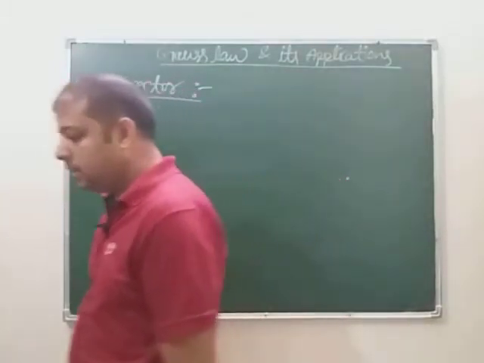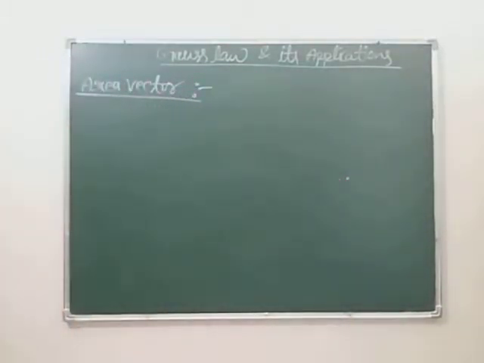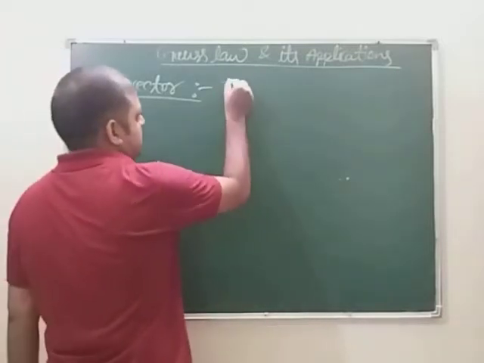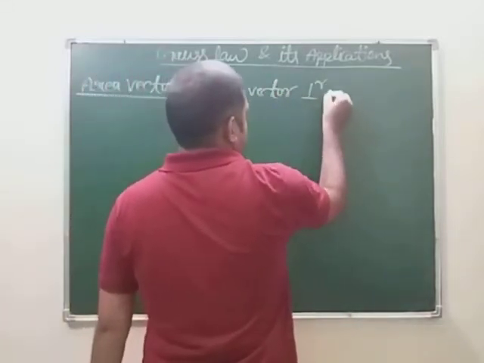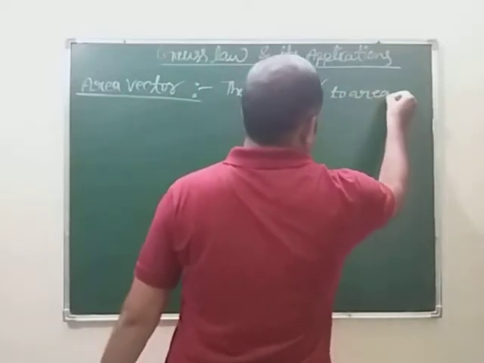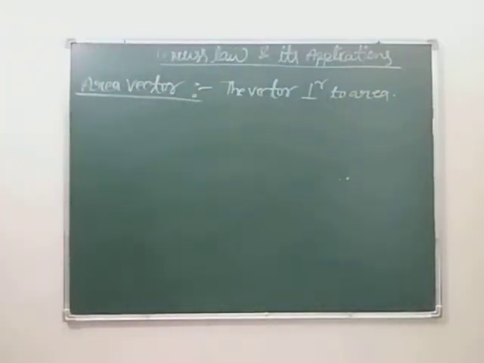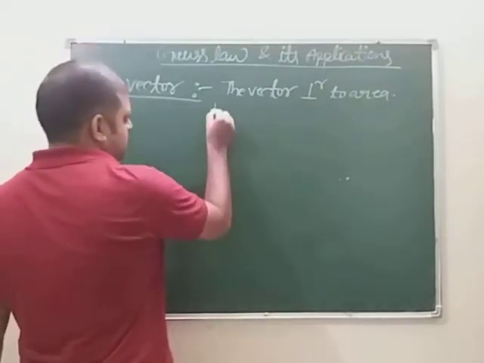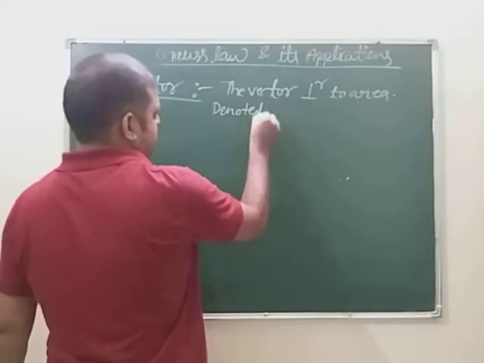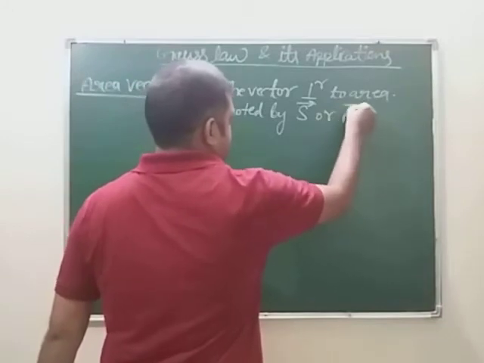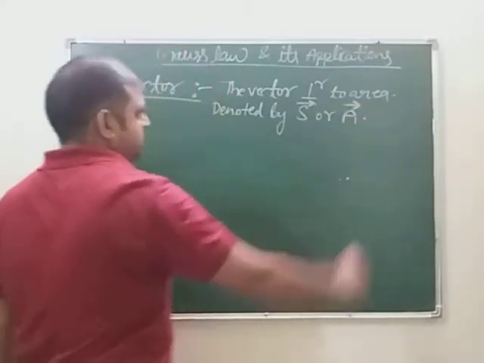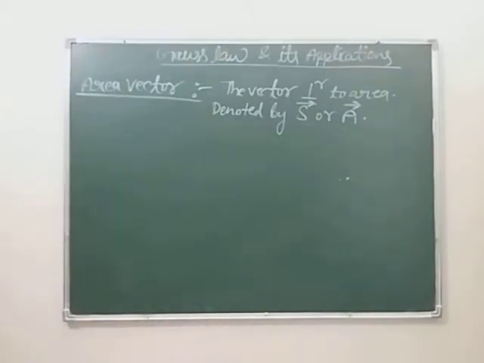The vector perpendicular to the area is called the area vector, denoted by S vector or A vector. It is always perpendicular to the area.